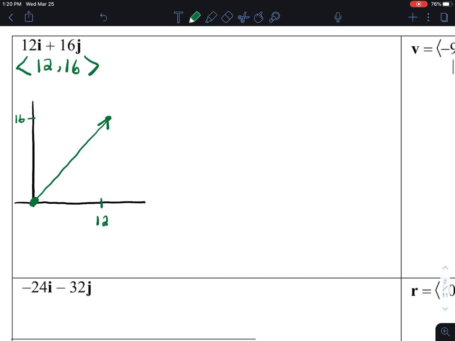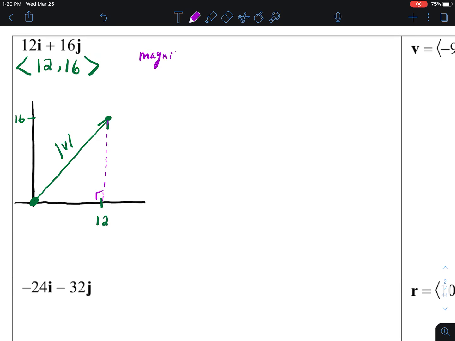We want to find the magnitude and the direction angle. Well, the magnitude is basically the length of that line, which, if you don't want to memorize a formula, these vectors make right triangles, where I could do Pythagorean's theorem.